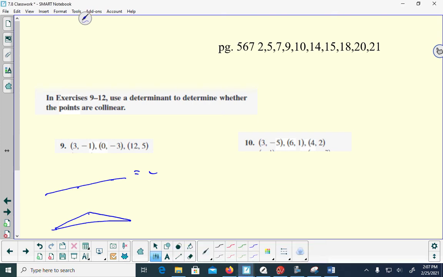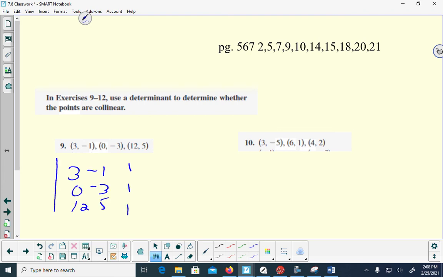So when I go to do this, I am going to set this up just like I would an area problem, with a last column full of ones. I'm going to put this in my calculator and find the determinant. If it's equal to 0, I say it's collinear. If it's not equal to 0, then I say it's not collinear.